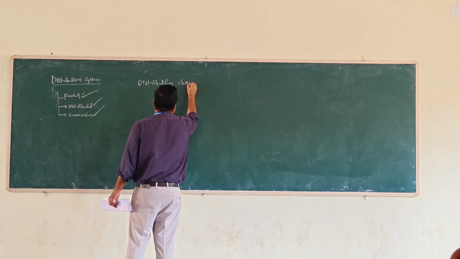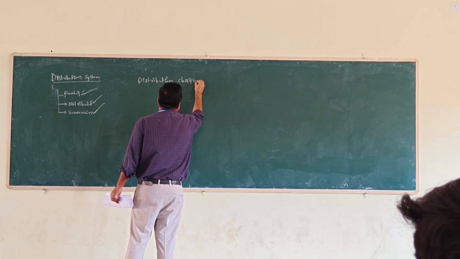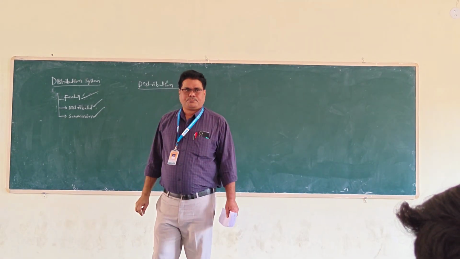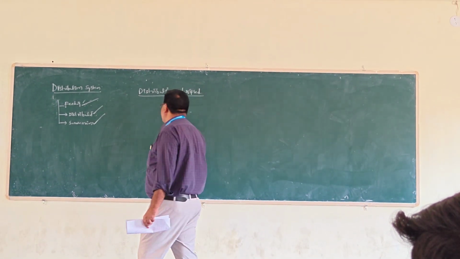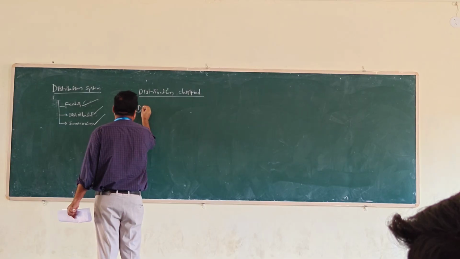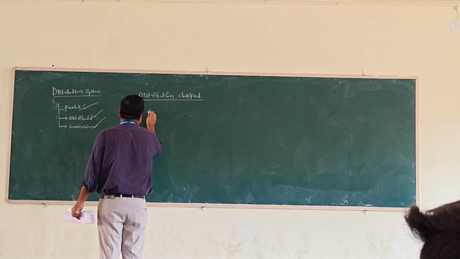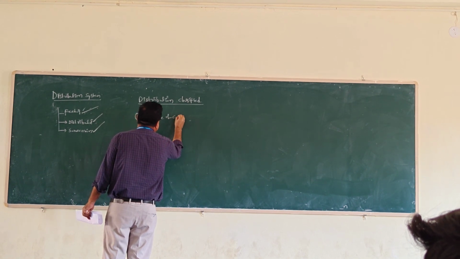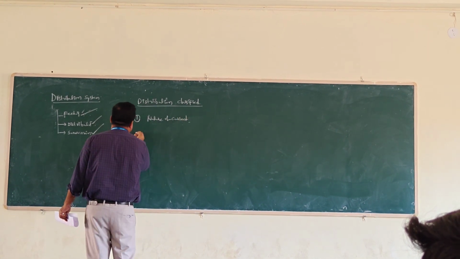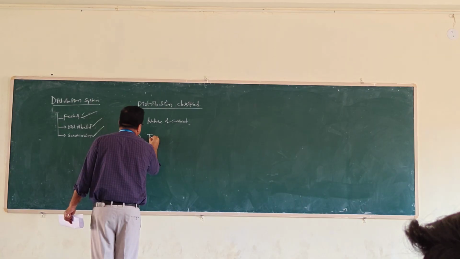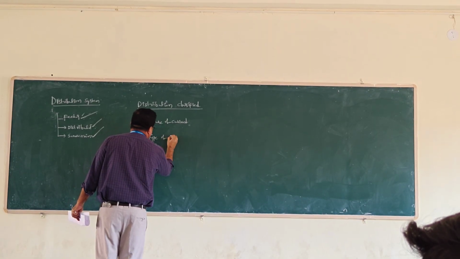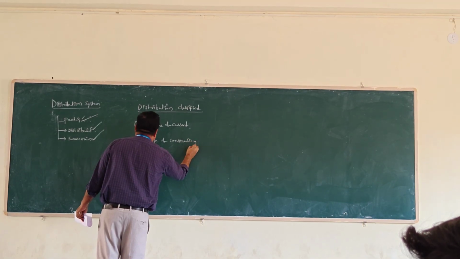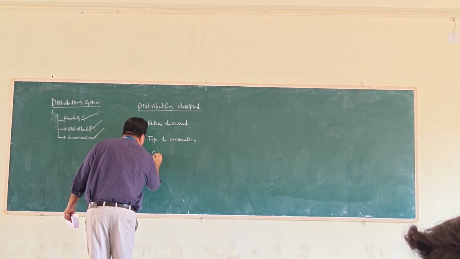Distribution system classification: these are classified according to nature of current, according to type of construction, and according to scheme of connection.